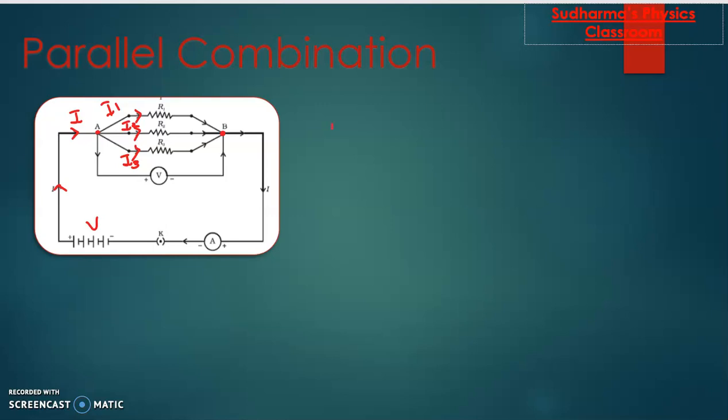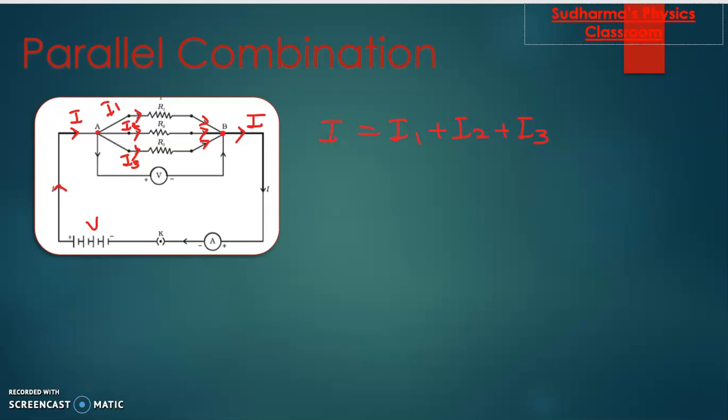So I can write that I equals I1 plus I2 plus I3. All these currents will reach here and this comes out as I itself. It won't go anywhere. It just goes through different paths and comes back to the same road, right? That way we can understand. So I equals I1 plus I2 plus I3.